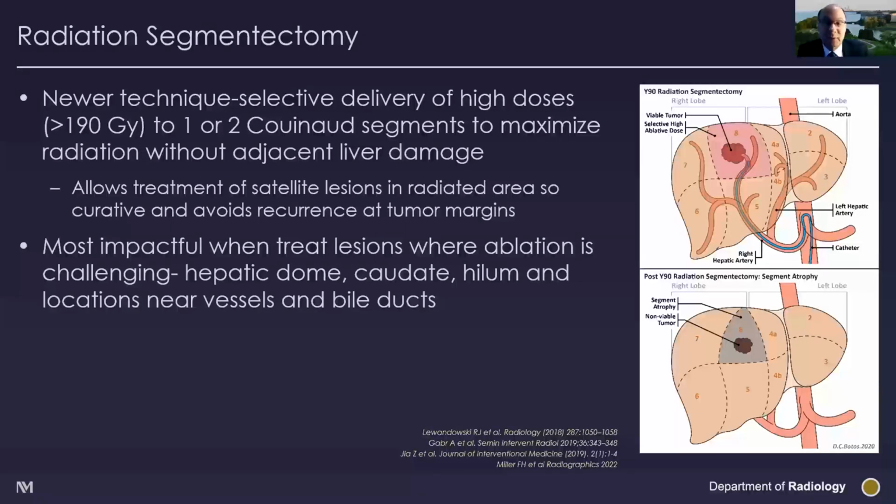It's most impactful at places where you can treat the lesions where ablation may be challenging, certainly the hepatic dome, hilum, and locations near vessels and bile ducts. And this is a schematic from a Radiographics article that was just recently published in 2022, which you can get more information about my lecture as well, if you're interested.